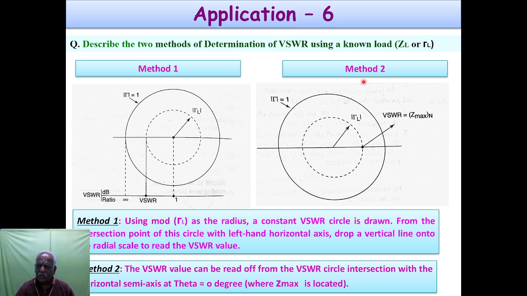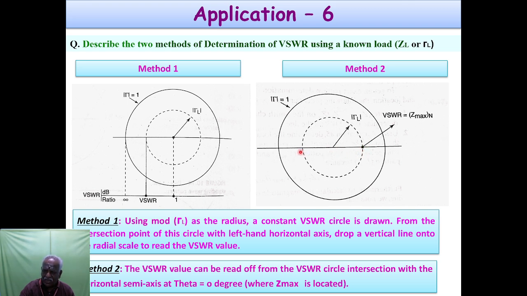In method 2, we can measure VSWR here itself. The VSWR value can be read off from the VSWR circle's intersection with the horizontal semi-axis at theta equal to 0 degrees. The right-hand real axis corresponds to E maximum, I minimum. We already discussed this; it corresponds to the VSWR value.